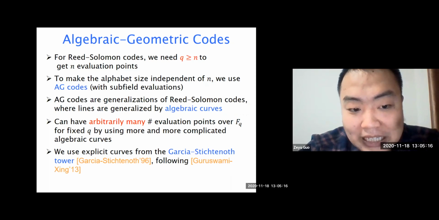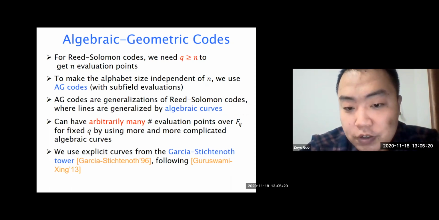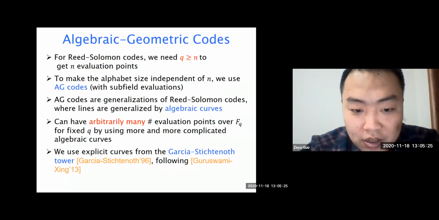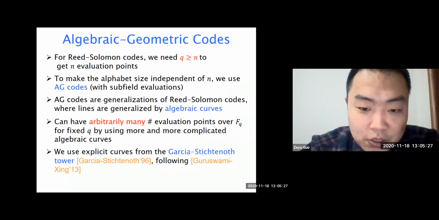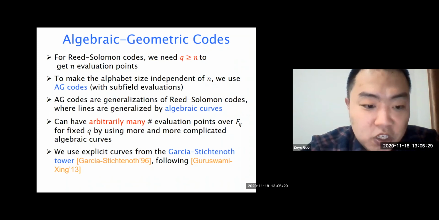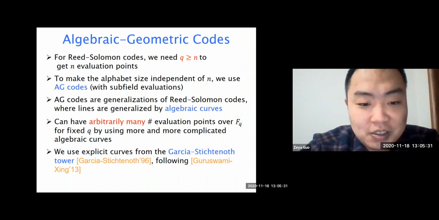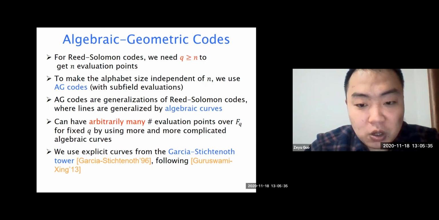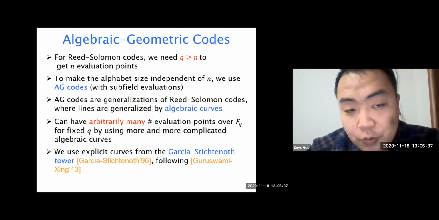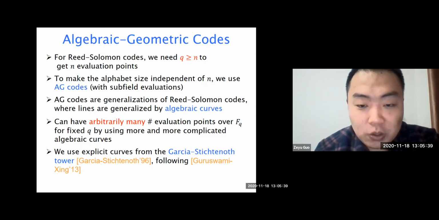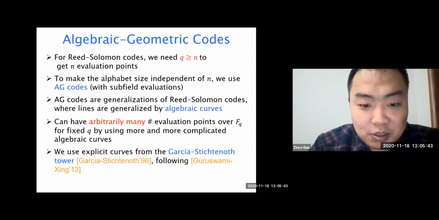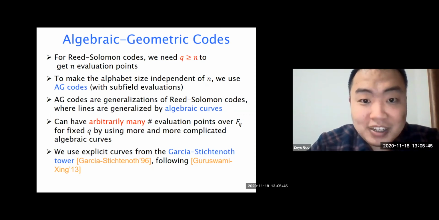In particular, we use the explicit curves from the so-called Garcia-Stichtenoth tower, and this was also used in the Guruswami-Xing paper, and our treatment follows them almost identically. So we just replaced Reed-Solomon codes with AG codes, and all the analysis still holds. It's very similar to Reed-Solomon codes.